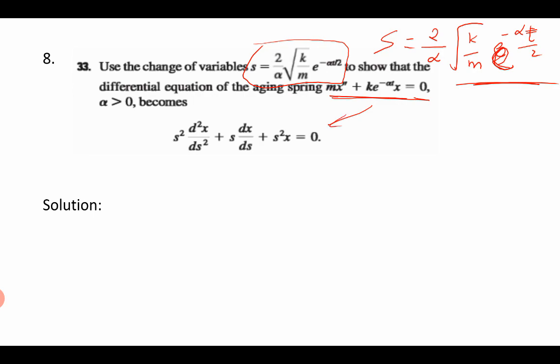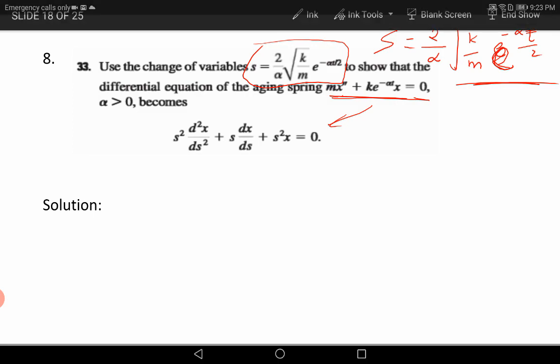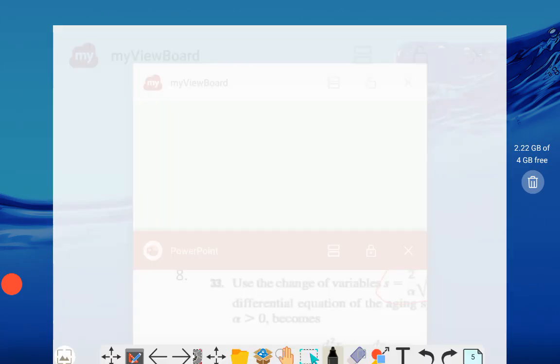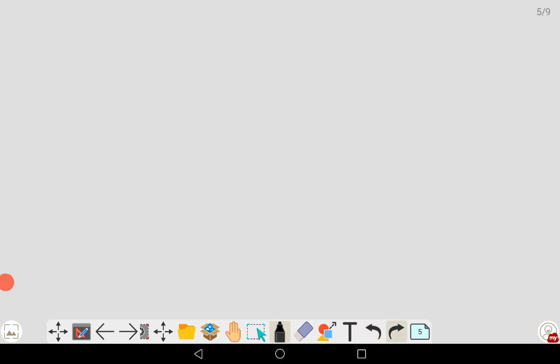So we are going to find x double dash and substitute in this equation. x double dash, what is it? d square x by dt square, right? We have to find it and substitute here. Let's take a different page and then we'll solve it on this. Fine.